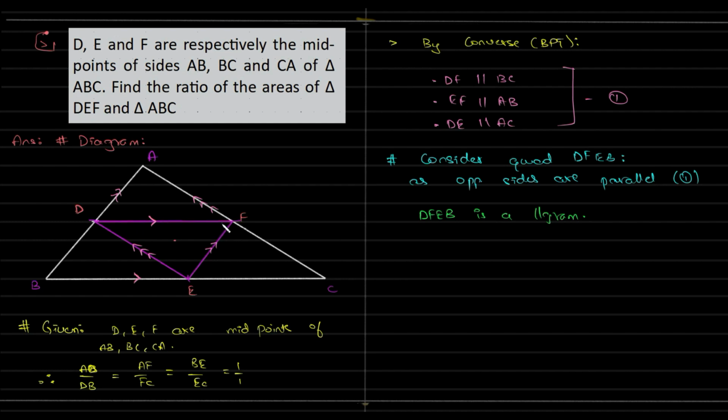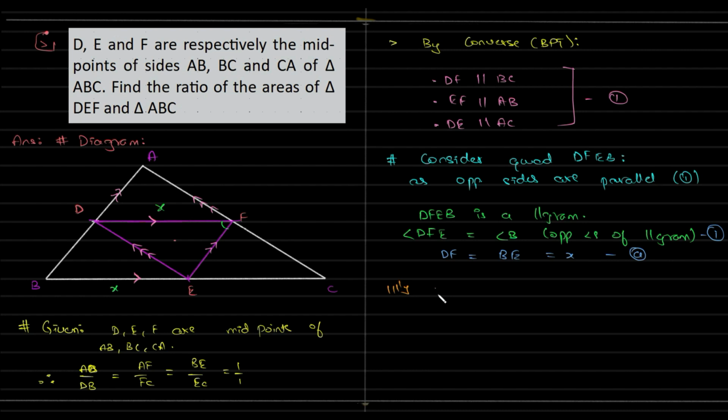Since this is a parallelogram, we have angle DFE equal to angle B, right? Opposite angles of a parallelogram are equal, and also this side is equal to this side. That is, let me write it in a different color. FE is equal to BE is equal to X. This is my equation A. This is my equation first. So all this is helpful.